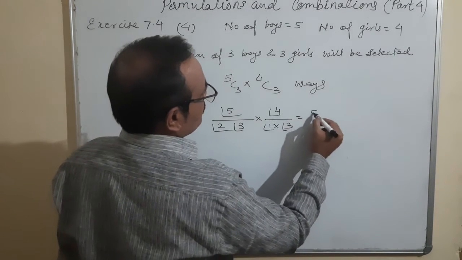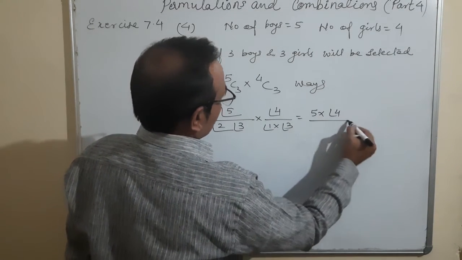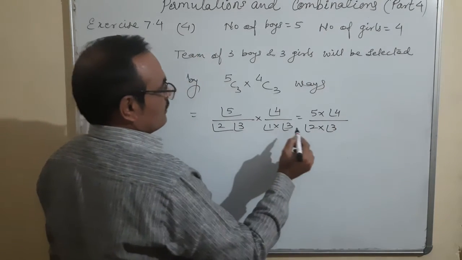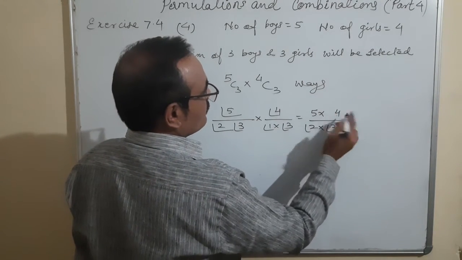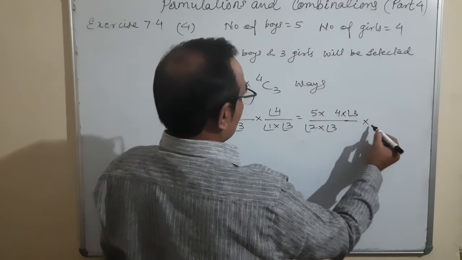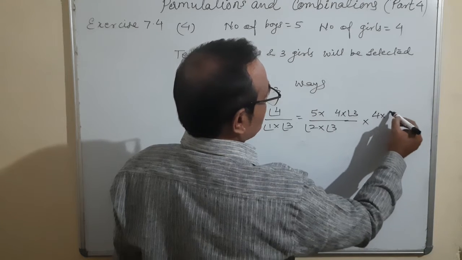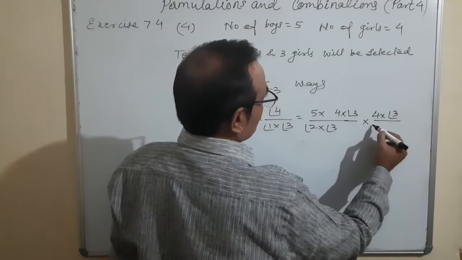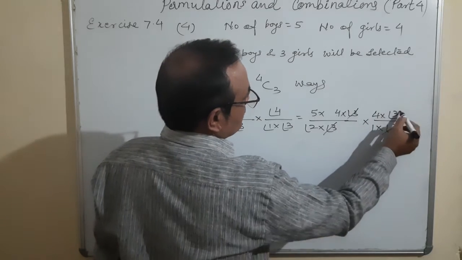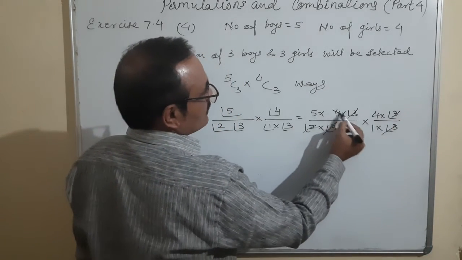So that means it is 5 into factorial 4 upon factorial 2, or I may use 5 into 4 into factorial 3 multiplied by 4 into factorial 3 upon 1 into factorial 3. So this 3 cancels, 2 2s are 4.